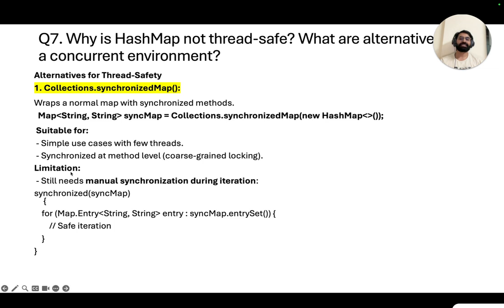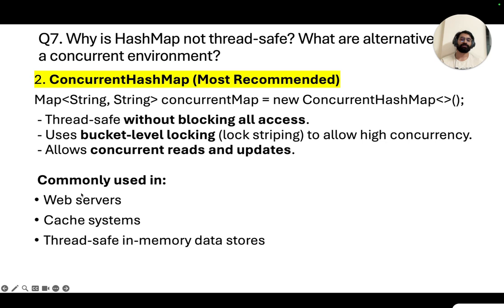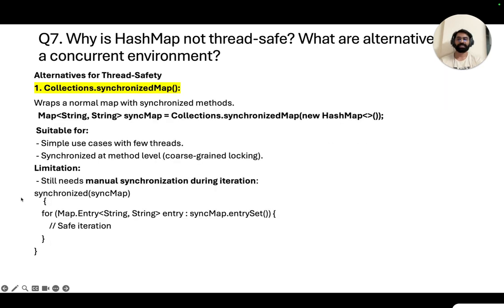The limitation is it still needs manual synchronization during iteration, because you need to use the synchronized keyword and do the iteration inside that block. So this can be useful if there are very few threads in your scenario, but it is not very useful in an actual multi-threaded environment.